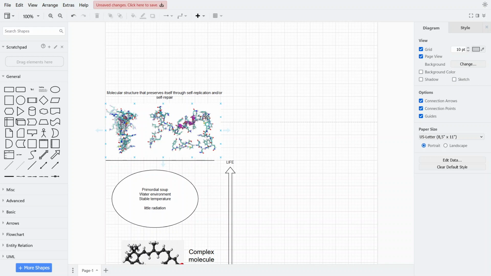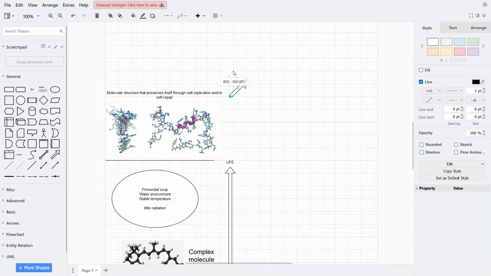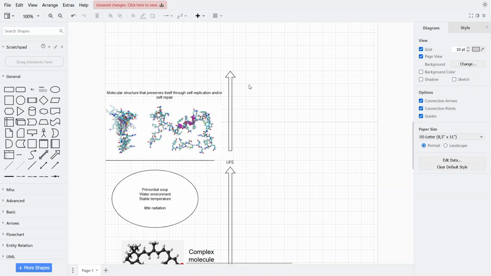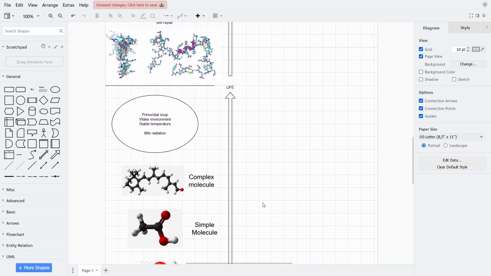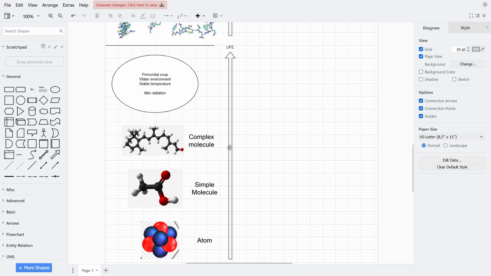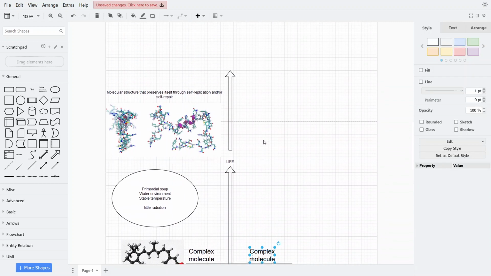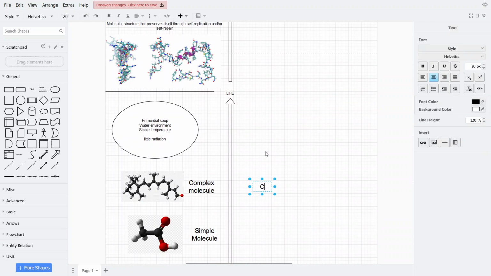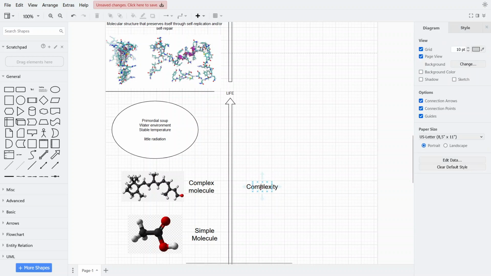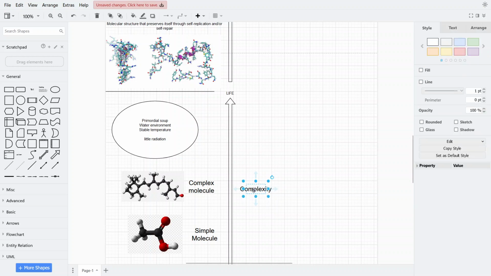And it keeps evolving. So this arrow indicates the complexity.